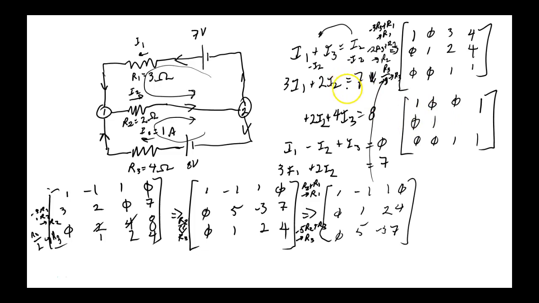Third entry, 0. Now the fourth, the one of interest here is, yeah, -2 plus 4 is 2. All right, and that just gave us I1 is equal to 1 amp, I2 is equal to 2 amps, and I3 is equal to 1 amp.